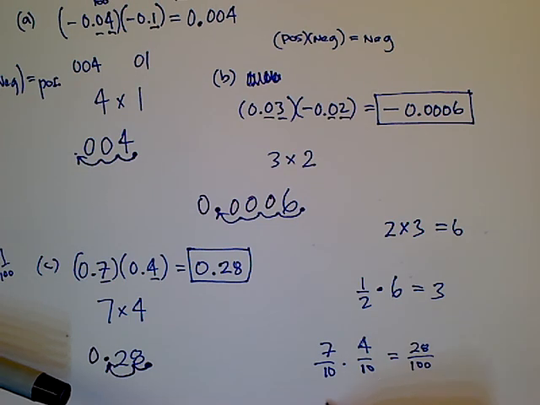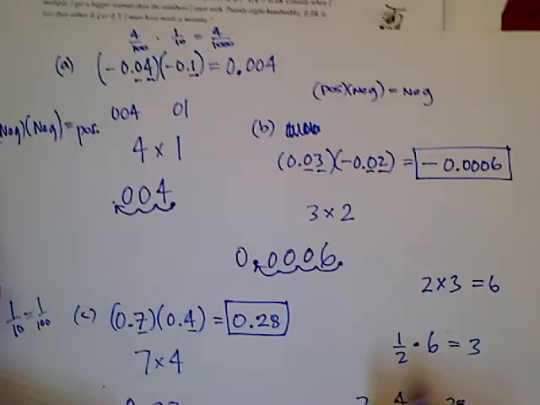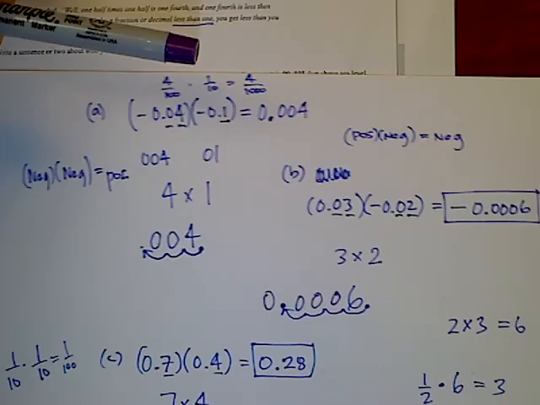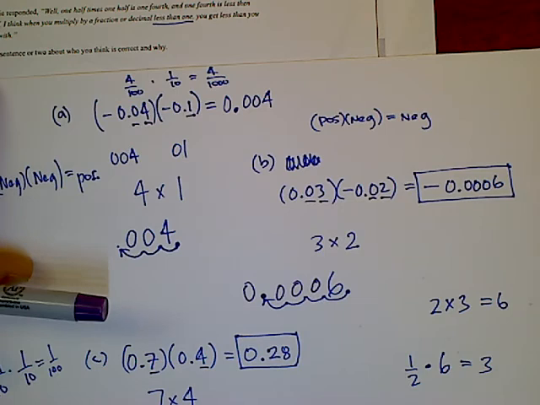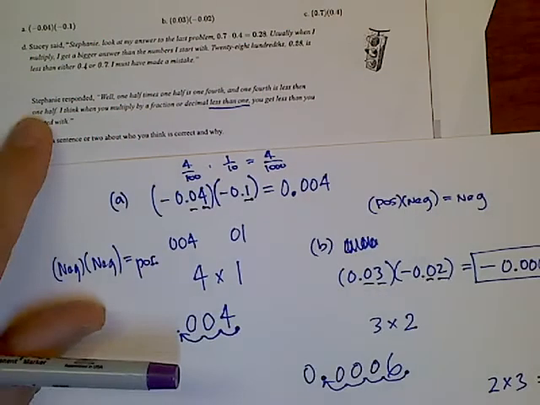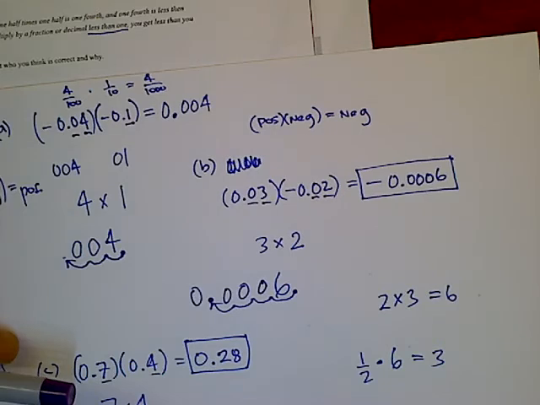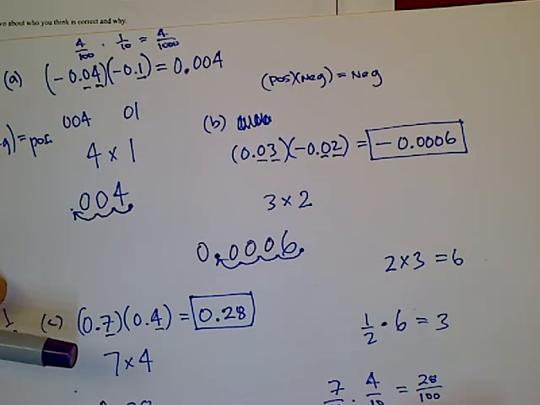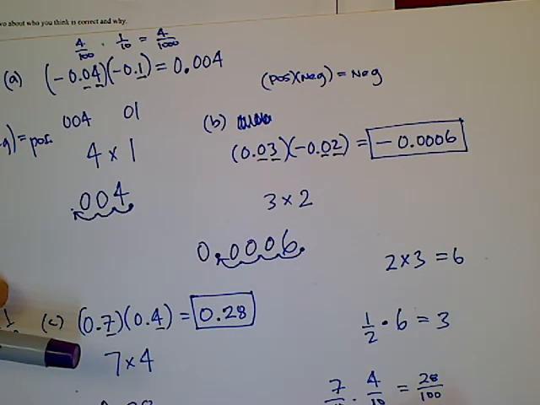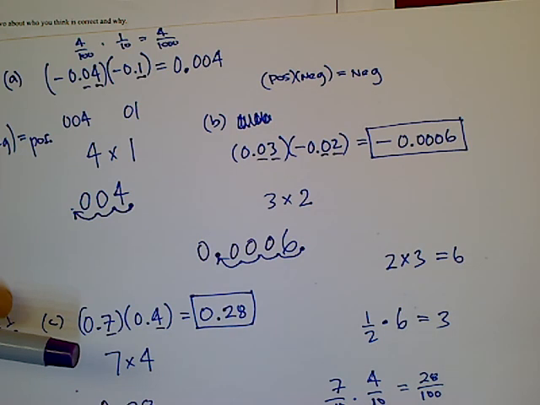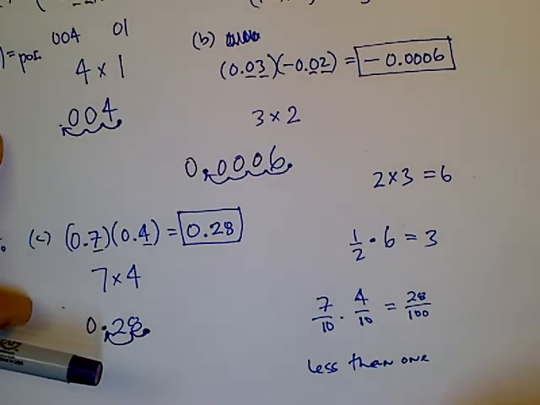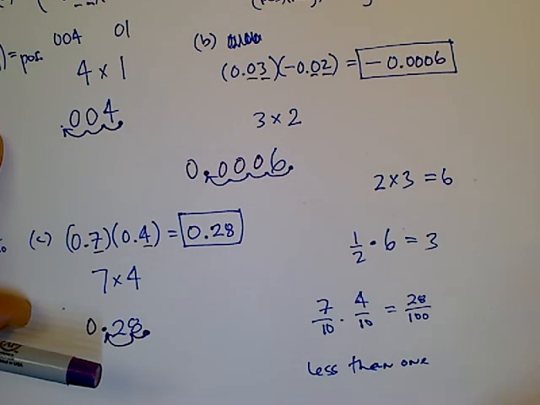So the key word is, and I'm going to let you word it. I'm not going to write your sentences for you in this case. So I want you to write a sentence or two about who's correct. So I'll at least tell you Stephanie's correct. Why? Because anytime multiplying by a value less than 1, it makes that value smaller than itself.